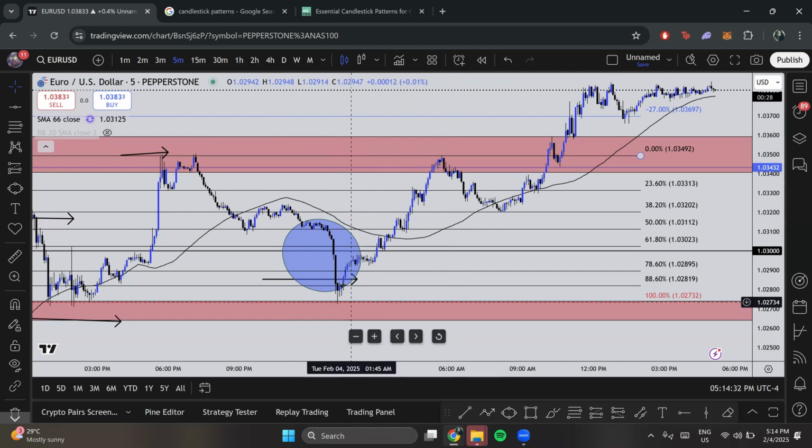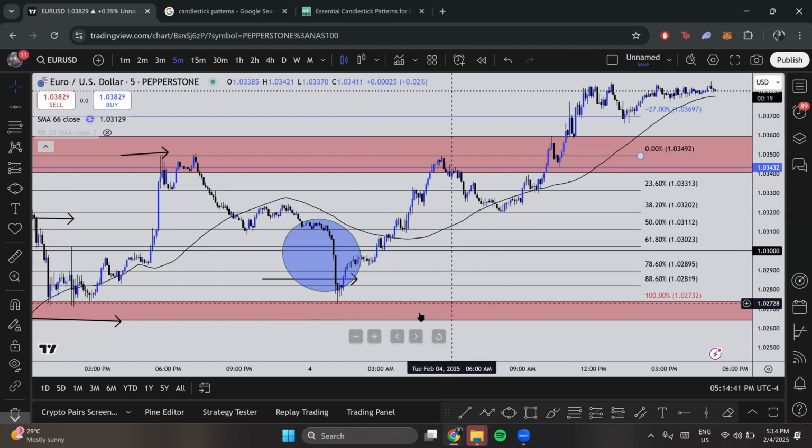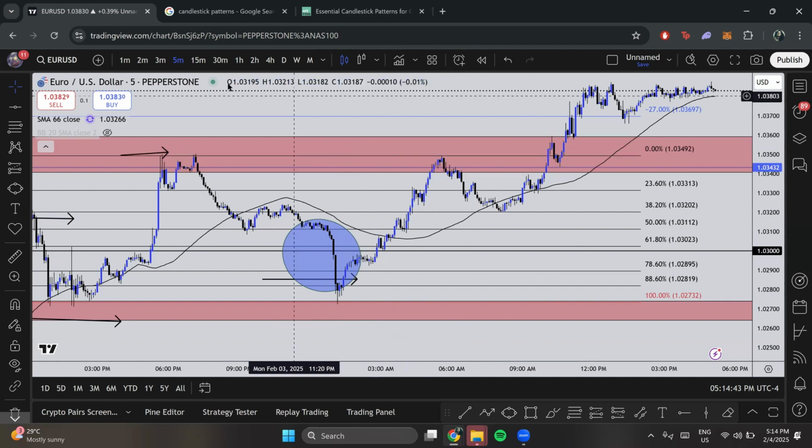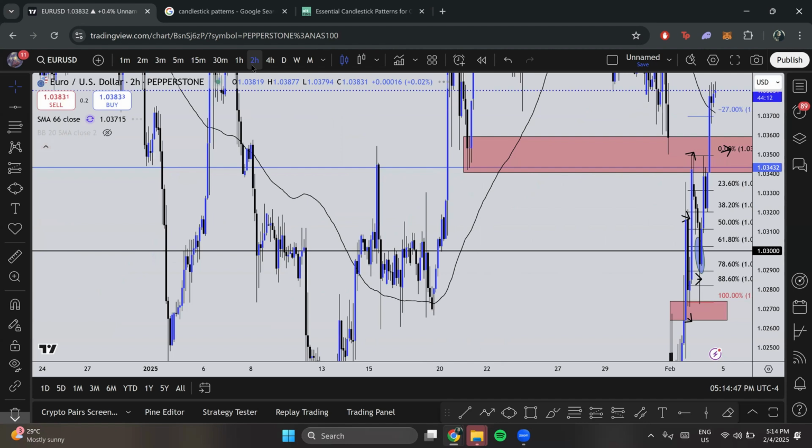So even if you didn't take it here, after it made this and gave this higher low, you could have taken it around here, right? Lower time frame breaker structure and the candlestick pattern that we saw as well.